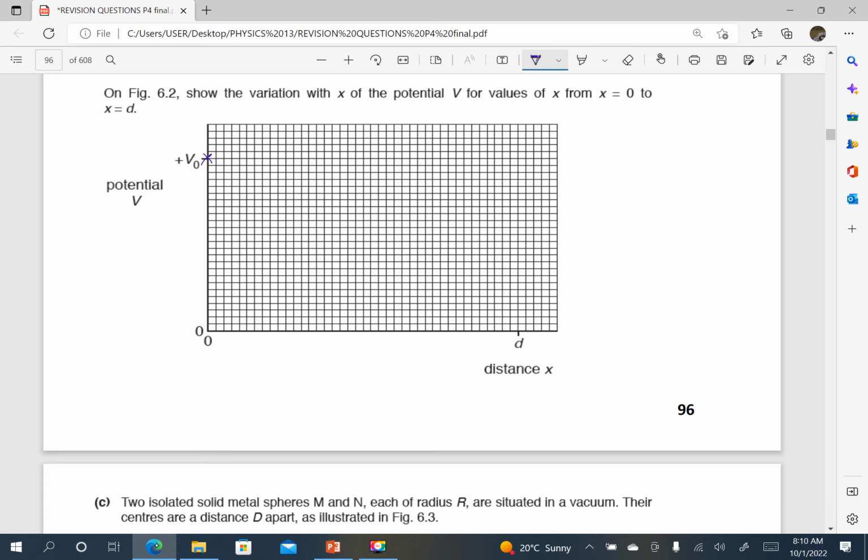So I will try to draw a straight line between d and V naught. I hope it works.